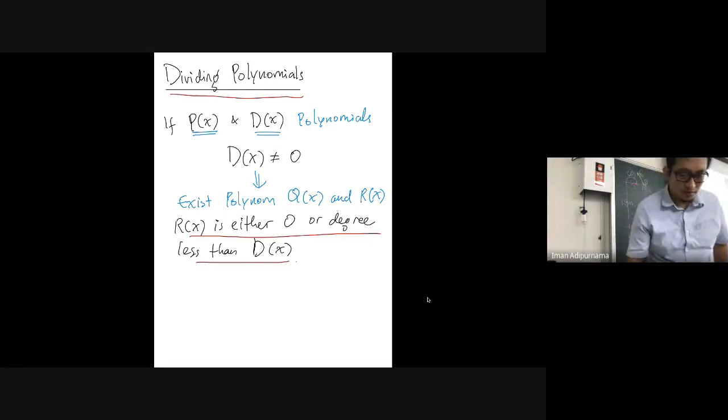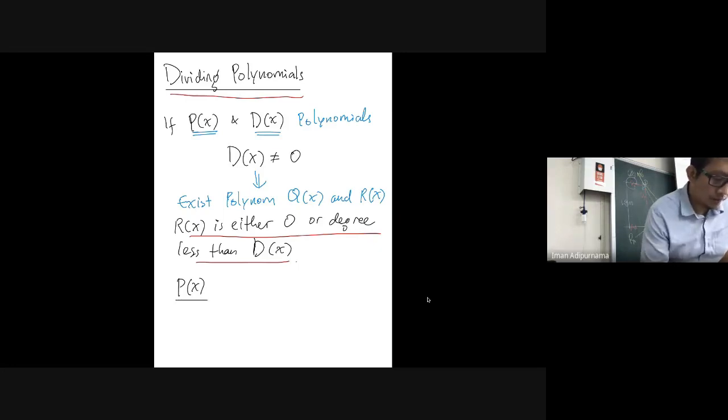Probably a little bit confusing, but what it means is if you have p(x) and you divide by d(x), it will be q(x) plus r(x) over d(x).